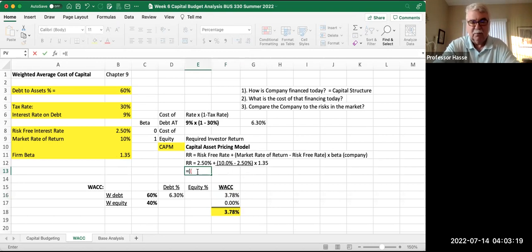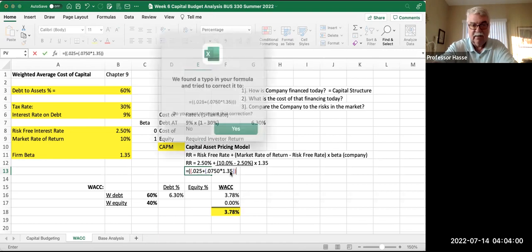So the risk-free rate, which is 0.025 plus, and now we put in another parentheses, the 10% market return minus the risk-free rate, 10 minus 2.5, that's 7.5%. So plus the market premium, 0.0750. And then we're multiplying that times the beta of the company, 1.35. And now, with that double parentheses, we have all the information to get that calculation.